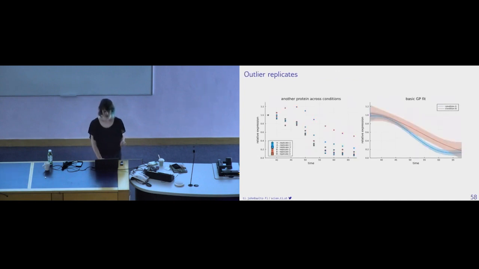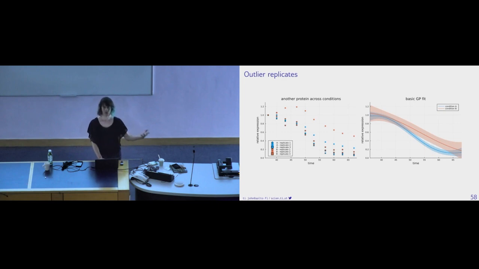So this is what happens if you have the basic GP. We fit one GP to condition A in blue and one GP to condition B in red. And then depending on your threshold, your model might say, okay, they're clearly different here, so it's differentially expressed.